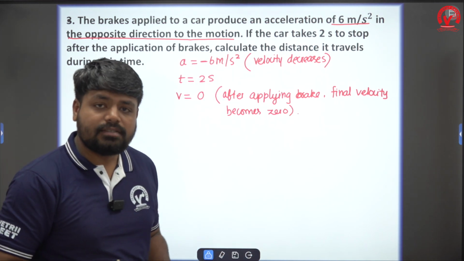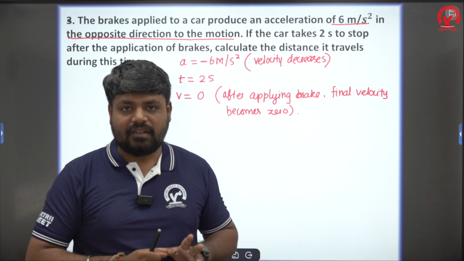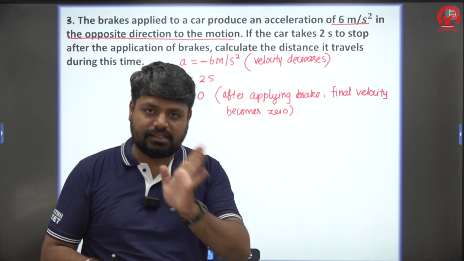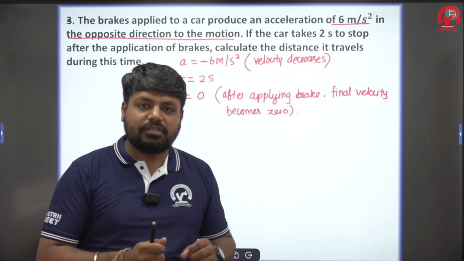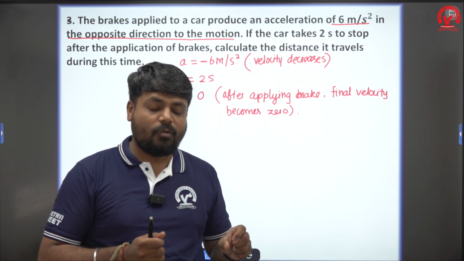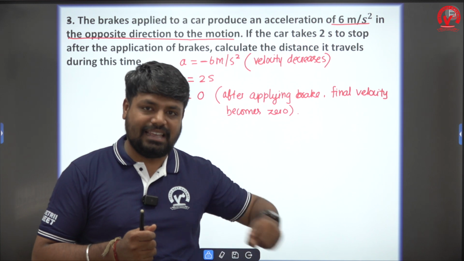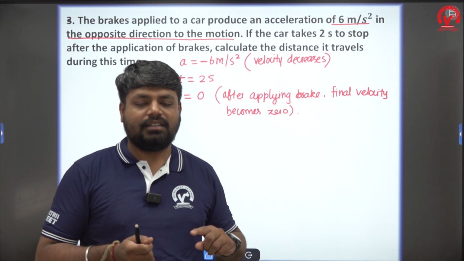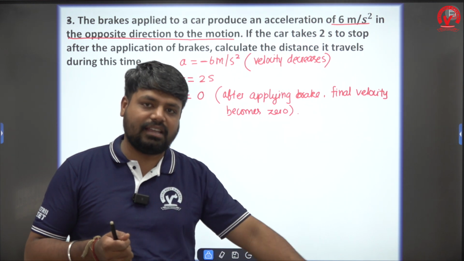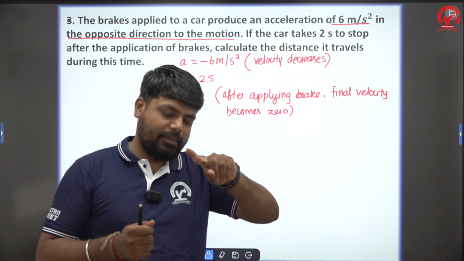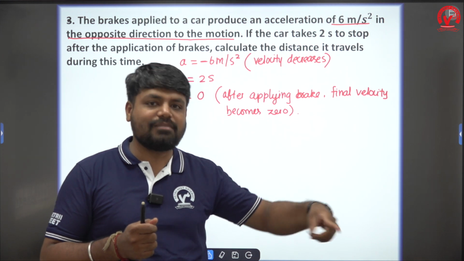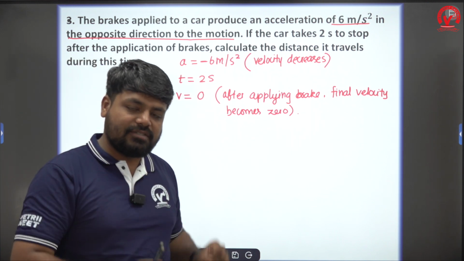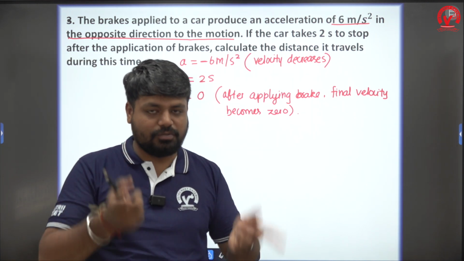In the first problem, a train starts from rest, which means the initial velocity is 0. If a problem says the brake is applied, there is a deceleration, a retardation, a negative acceleration. The velocity keeps decreasing and finally becomes 0. So when the brakes are applied, the final velocity becomes 0. When an object starts from rest, its initial velocity is 0. Keep these two in mind.